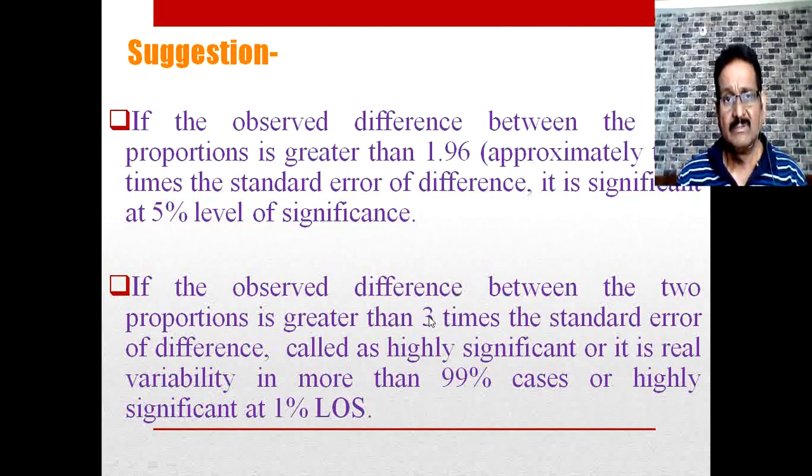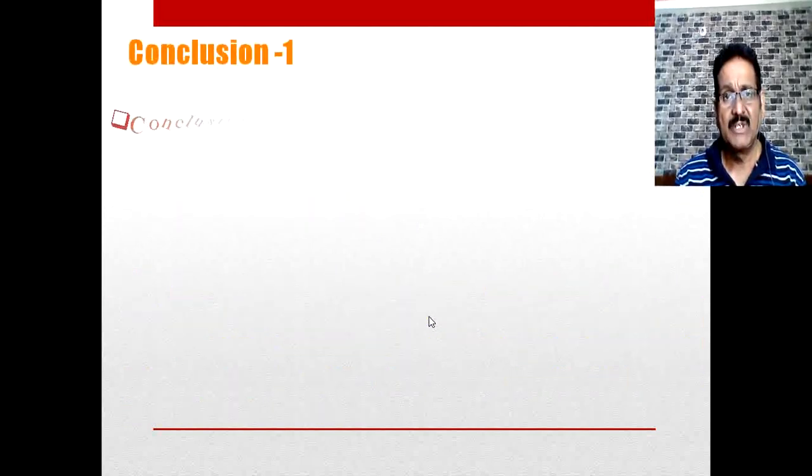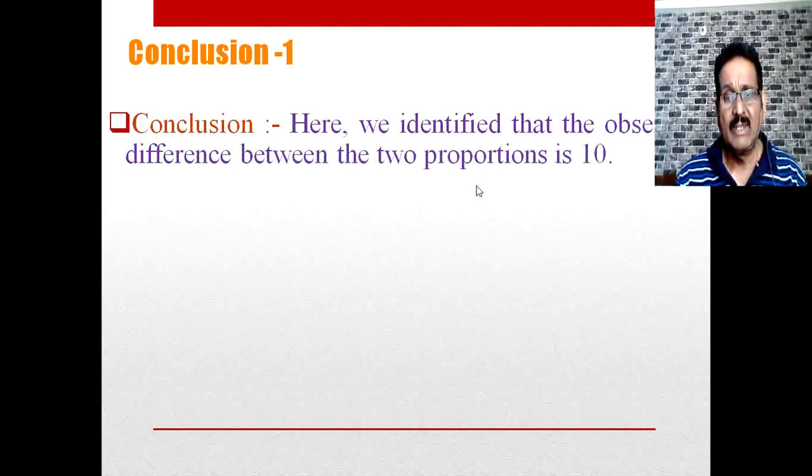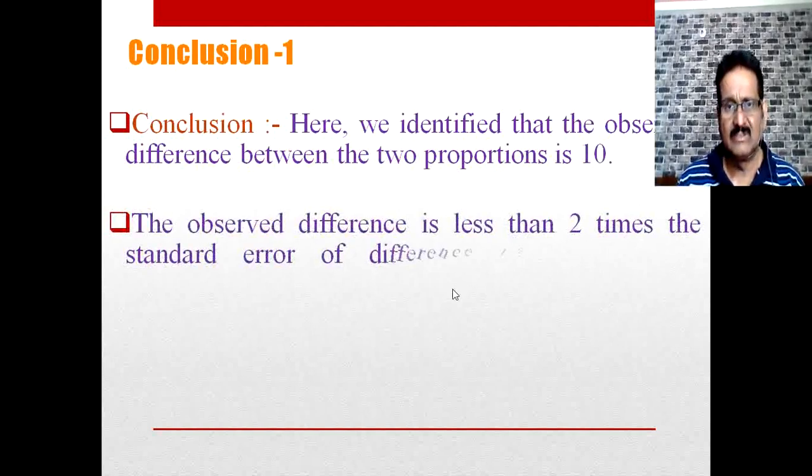Now using the first method and interpreting: the first proportion is 20% and the second proportion was 30%. So the difference between the two proportions is 10, and we calculated the standard error, which is 6 point something. If we take approximately 6 and double it, that is 12, which is greater than this 10. So the first condition does not tally here.